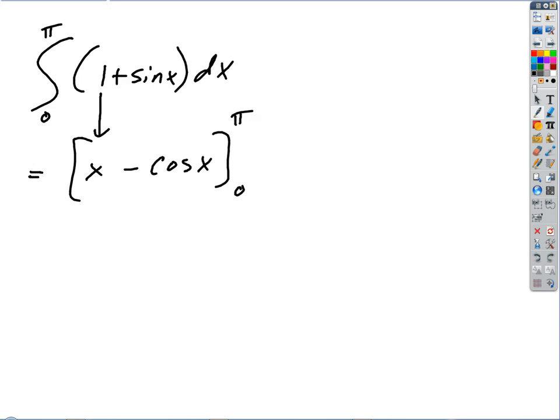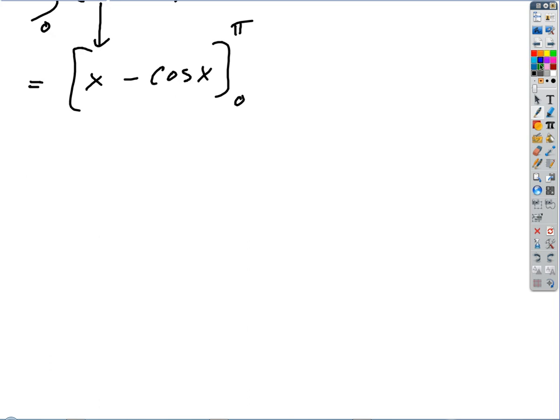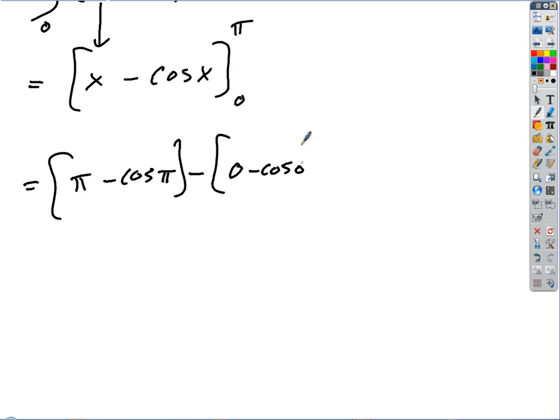I personally have a little preference here, but it's totally up to you. I can just evaluate this whole thing at pi, so I can do this: pi minus cosine pi, minus this whole thing evaluated at 0. That's fine to do.